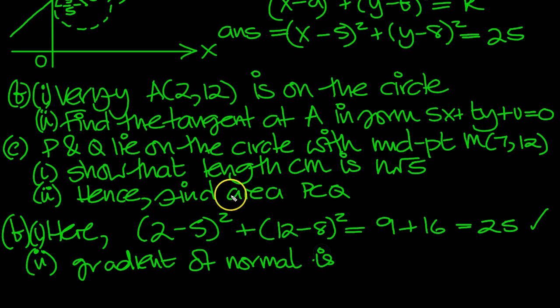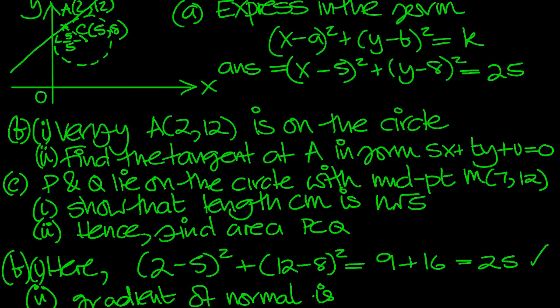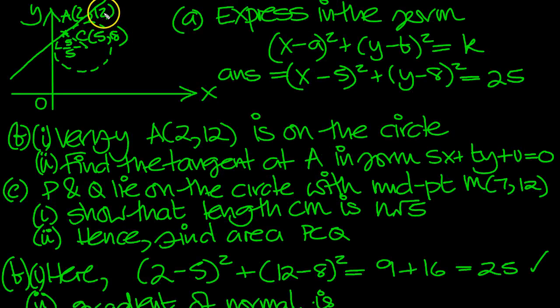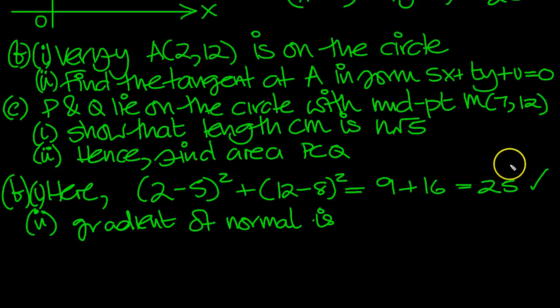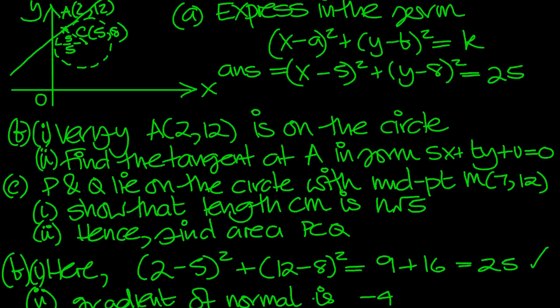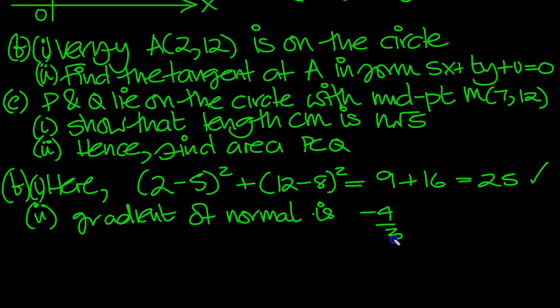Well, it's the increase in y, so we go from 12 down to 8. So we're going down 4. The increase in x, we go from 2 across to 5, horizontally. So that's an increase of 3. It's 4/3.